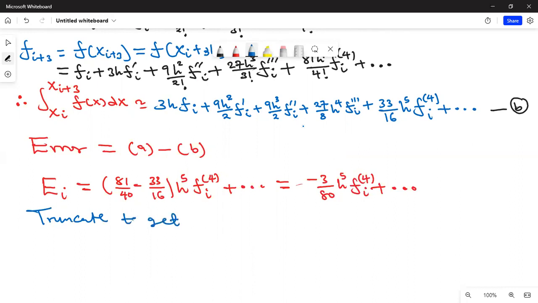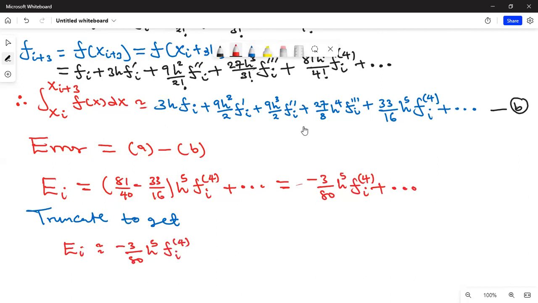Once you truncate, this is what you need to get: E subscript i is now approximately equal to negative 3 over 80 h raised to 5 times the fourth order derivative at xi.